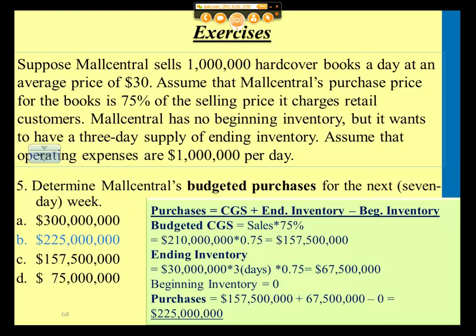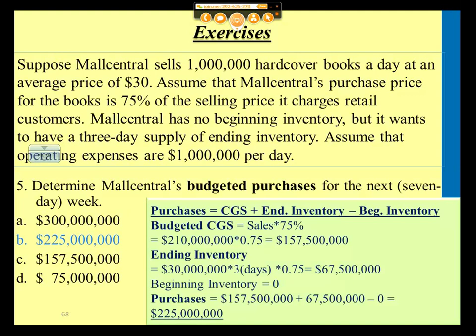Our ending inventory is 1 million books by $30 multiplied by that 75% that we're paying of the sales price. And we need to have a 3-day supply. So we multiply all of these to get that ending inventory as an amount, not just as books. You want to have it as an amount, right?